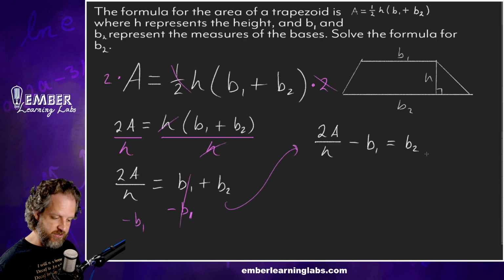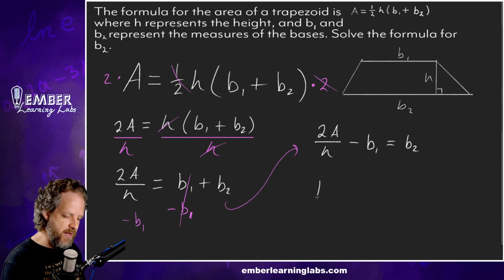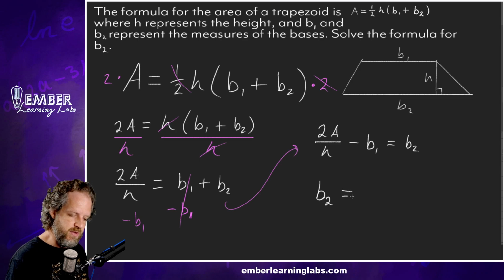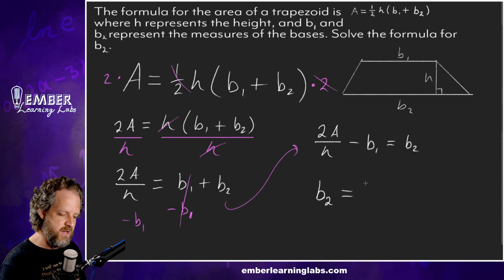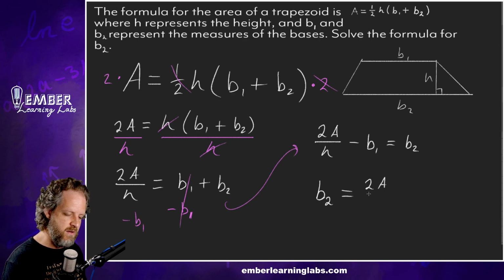Now, we like to write what we're solving for on the left-hand side. So the very last thing I'm going to do, just to clean it up and make it more typical of what we expect, is use the symmetric property, right? And put the b2 over here on the left and write this as b2 equals 2a over h minus b1.